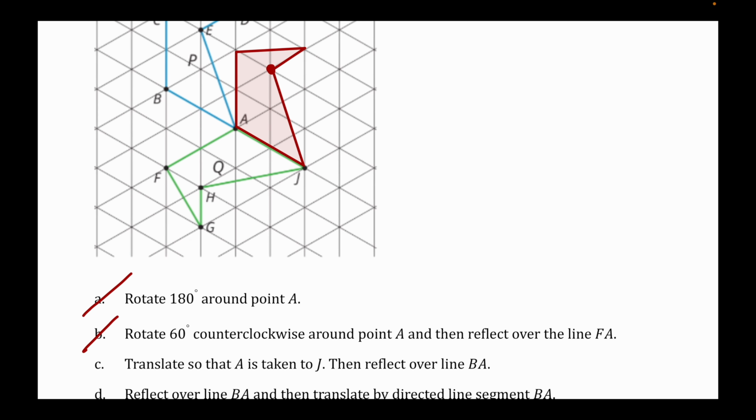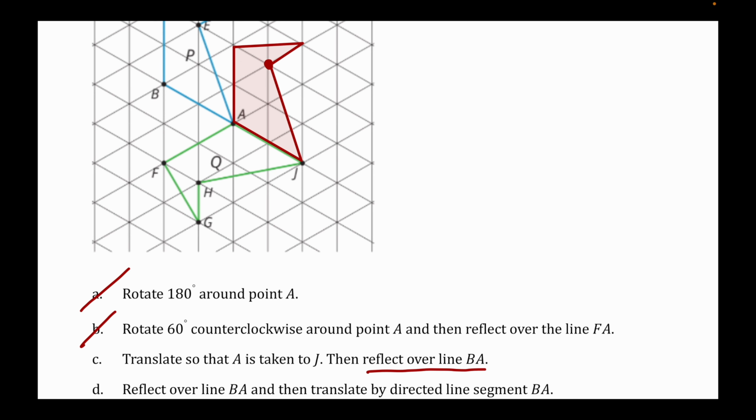And then our second step is to reflect over line BA. Well, B is now here, and A is here, so this might be B prime, A prime.